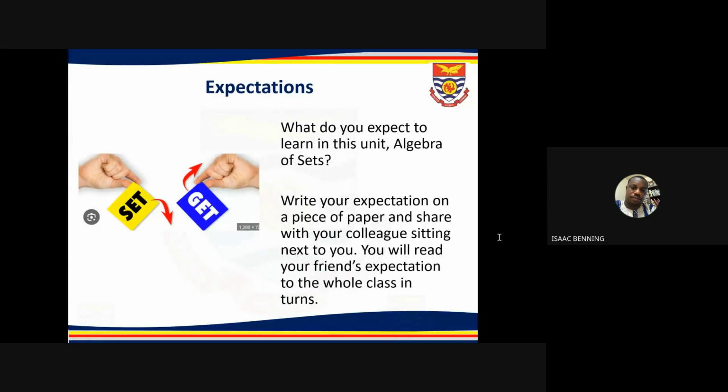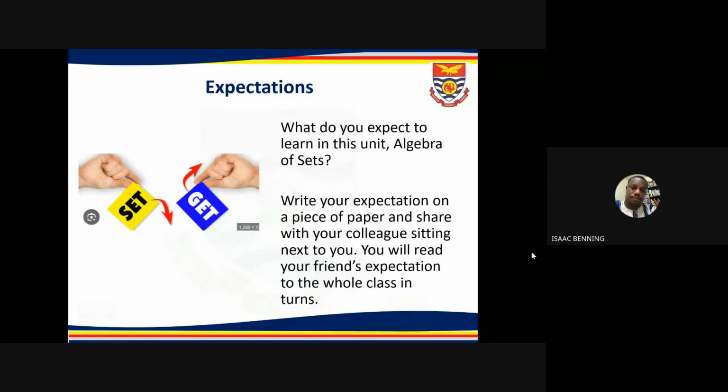Okay, so from Samuel Boateng, he's expected to solve real-life problems involving set problems. Okay. From Philippe Sante, his expectation is application of two-set and three-set problems, proof of set theorems, and De Morgan's law.